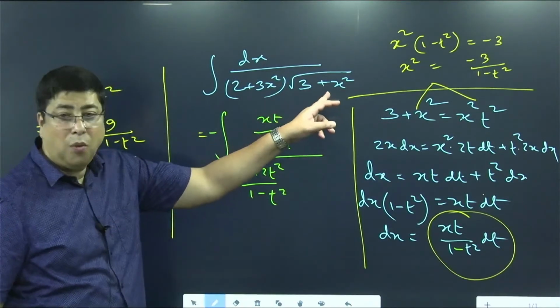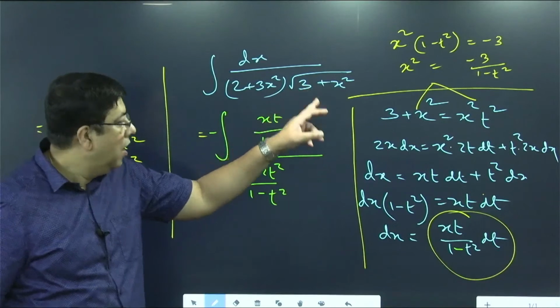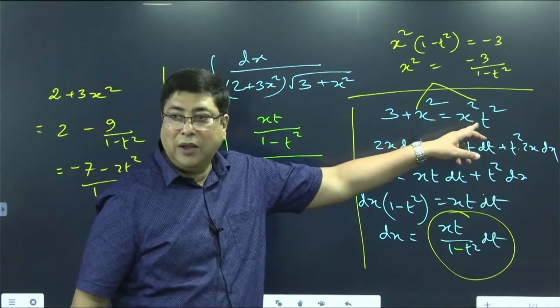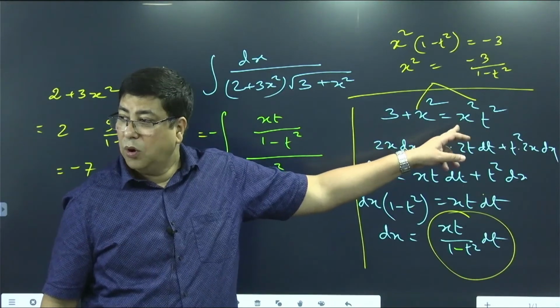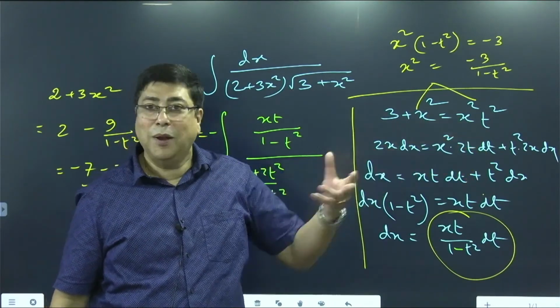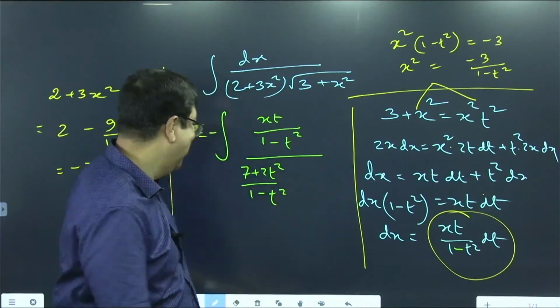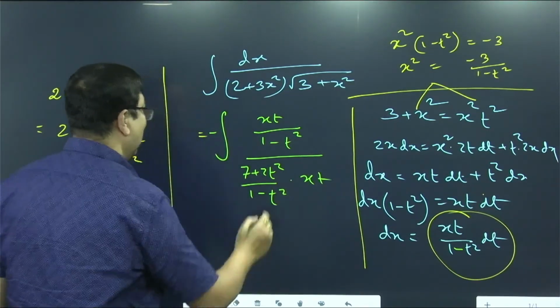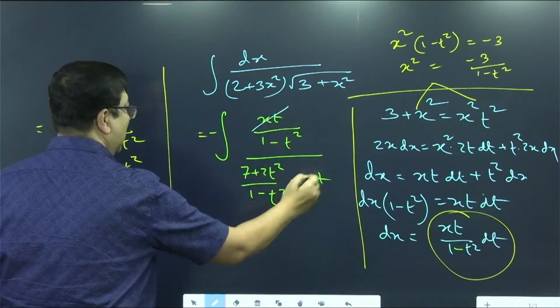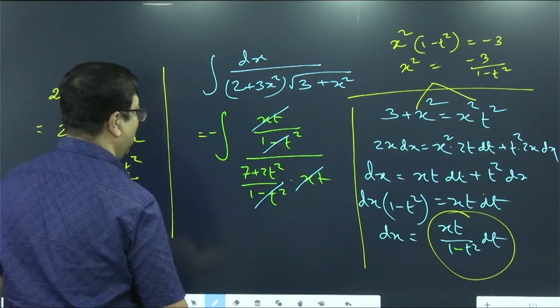In place of root over 3 plus x square, I am taking root over x square t square. So root over x square t square is what? xt. Okay? Let's cancel. Sum over.